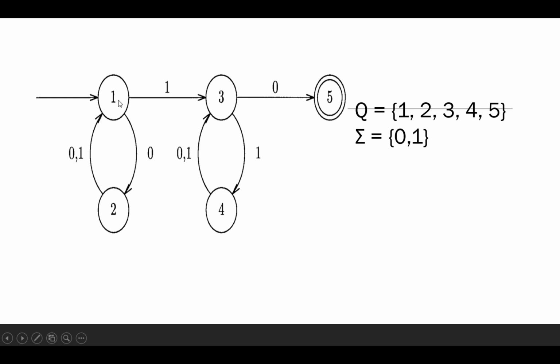The initial state is 1, as we have this arrow that doesn't come from any state. So our initial state is 1. Our final state is 5. It is represented by 2 circles.